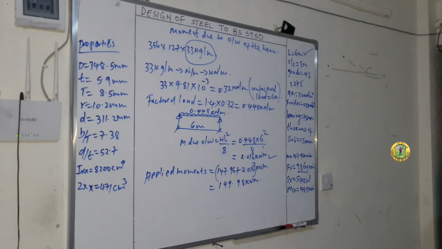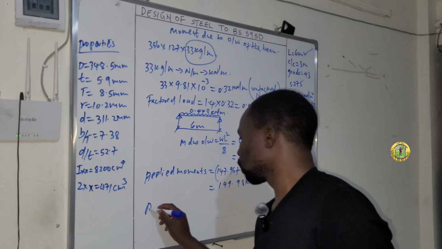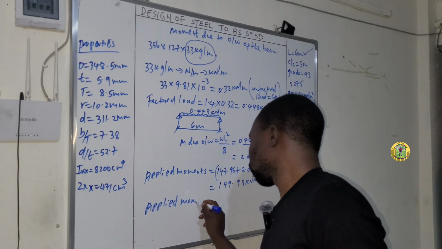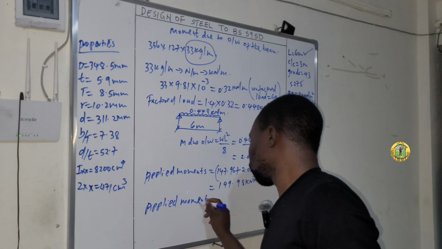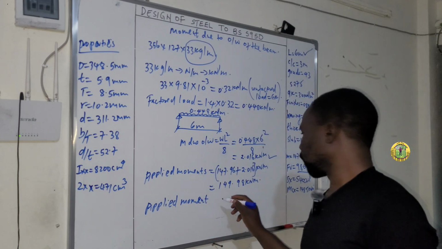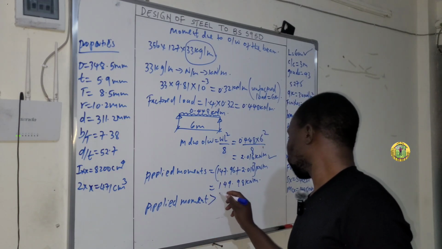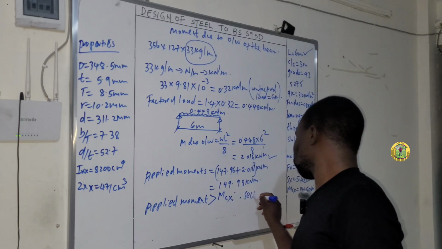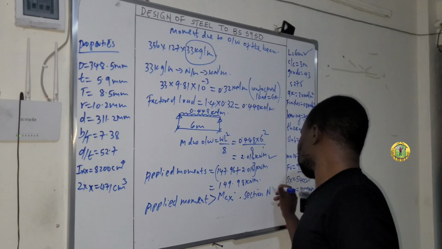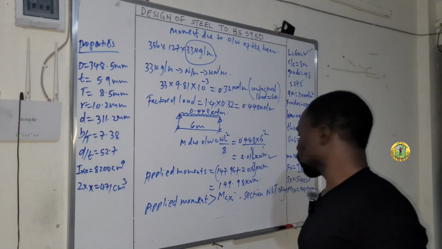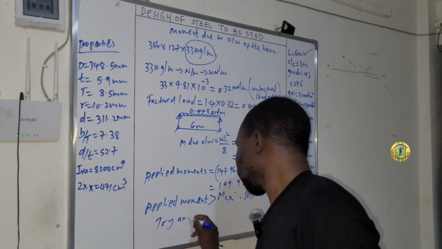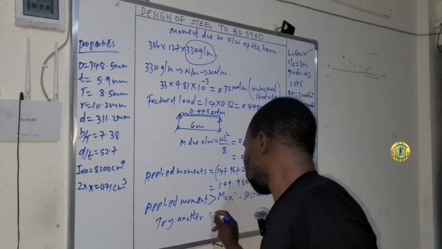It means the applied moment is greater than moment capacity. Therefore, section not okay. So you will conclude by saying try another section.